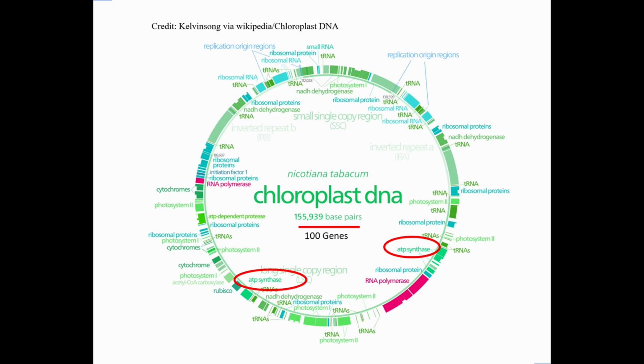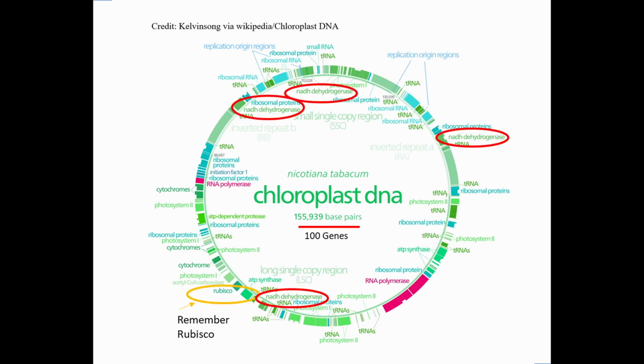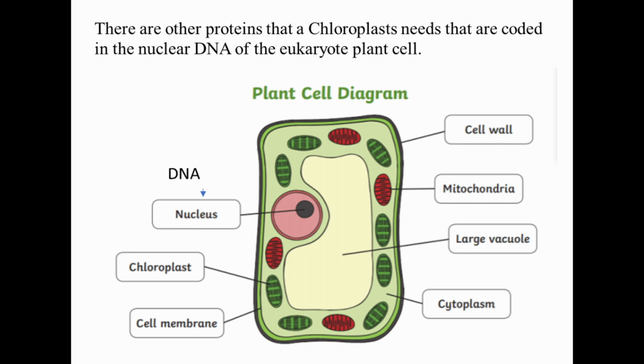There is a DNA section for coding the ATP synthase rotor. There are also DNA sections for coding different enzymes including NADH dehydrogenase, acetyl-CoA carboxylase, and rubisco. Rubisco is an important enzyme in the Calvin cycle. There are other proteins that a chloroplast needs that are coded in the nuclear DNA of the eukaryote plant cell.